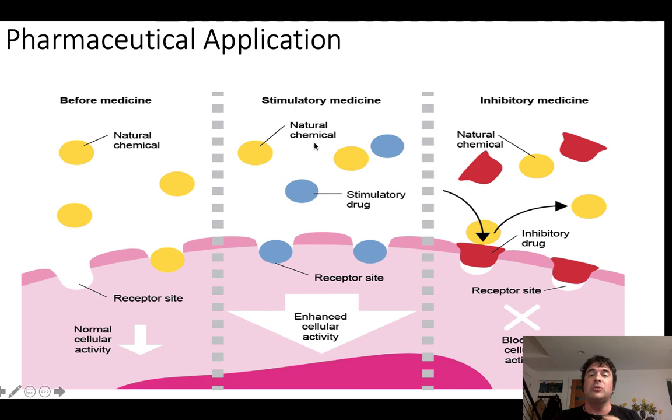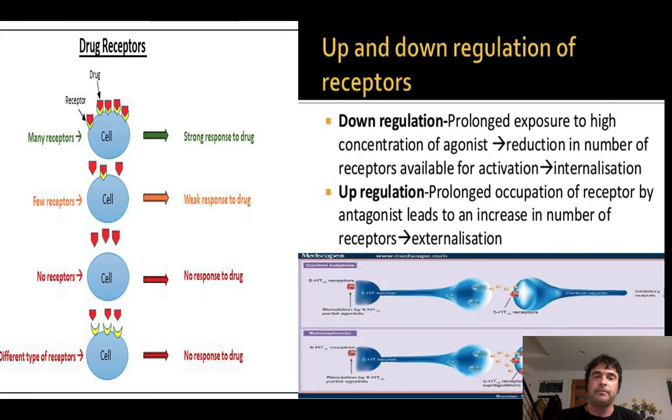So when you hear the term stimulatory medicine or agonist medication, you know it activates a receptor, and antagonists inhibit a receptor. And in doing that, they change the intracellular activity in the hopes of having some kind of therapeutic effect, making you feel better.